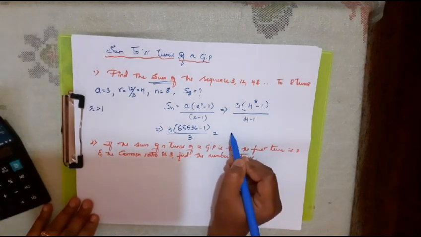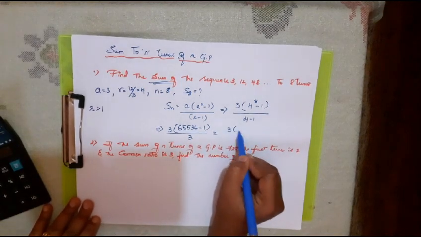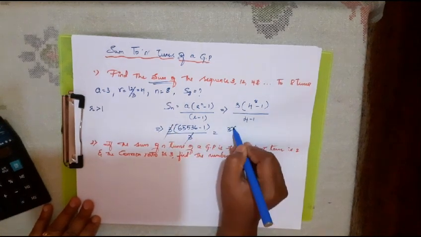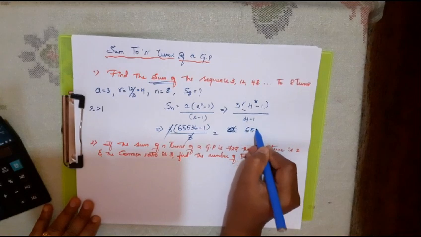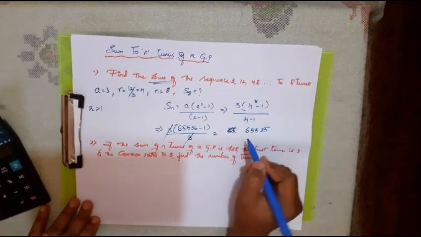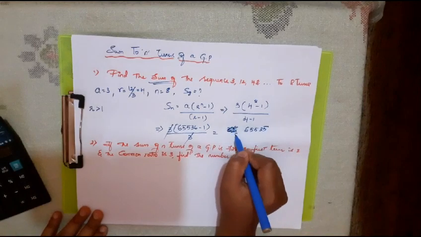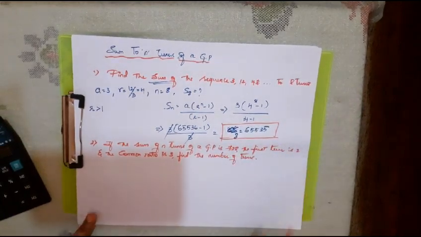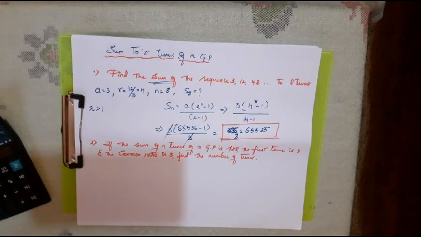Multiplying, the 3 cancels, and you are getting 65535. So this is the value of S8. This is how you have to calculate when they ask about the sum.